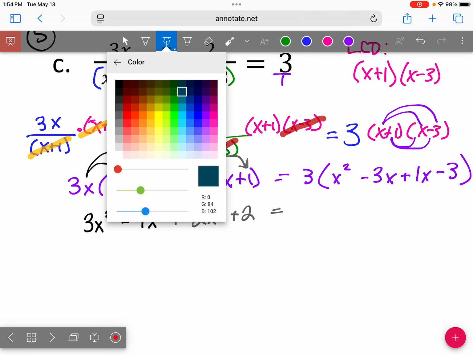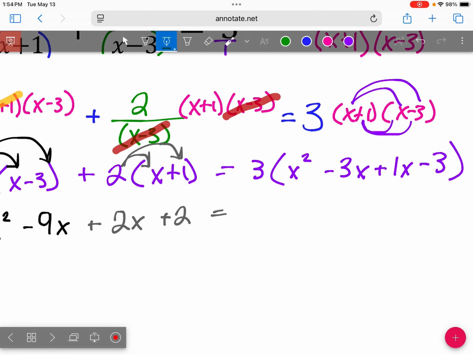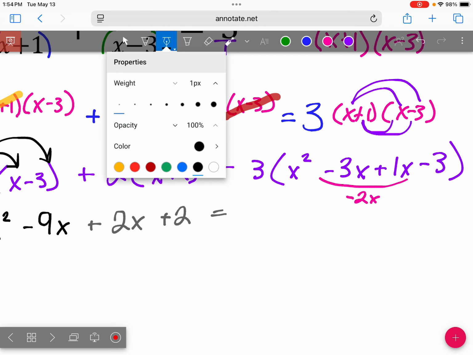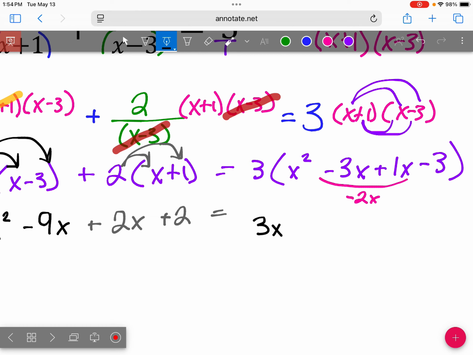And then on the right-hand side, we can combine our like terms together, minus 3x and plus 1x to get a minus 2x. And we can multiply this out to get 3x squared minus 6x minus 9.